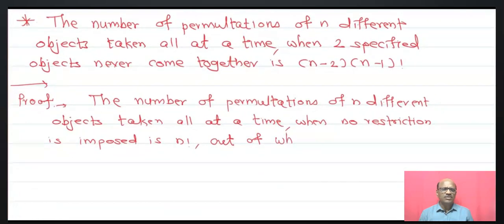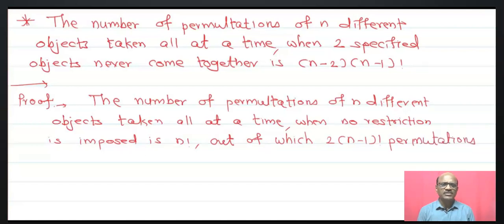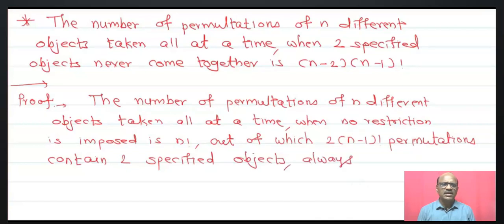Now from these n objects, suppose we take the two specified objects, and out of which 2 in bracket n minus 1 factorial permutations contain the two specified objects always together.